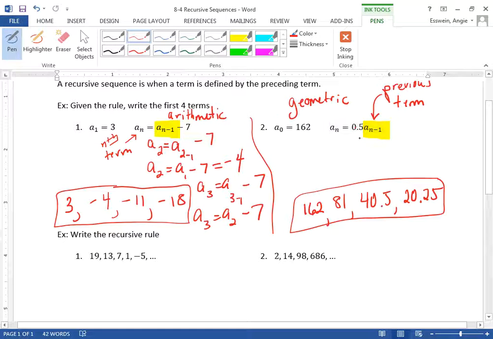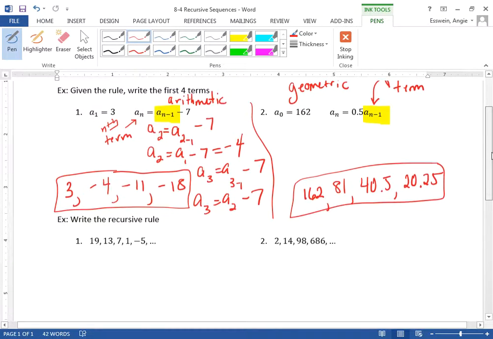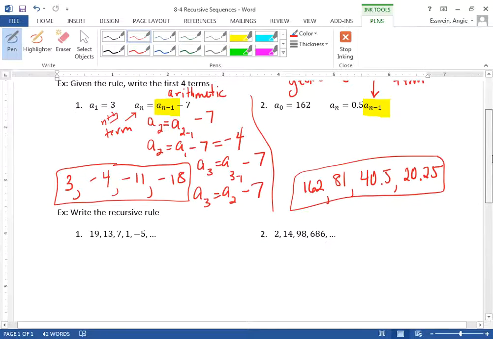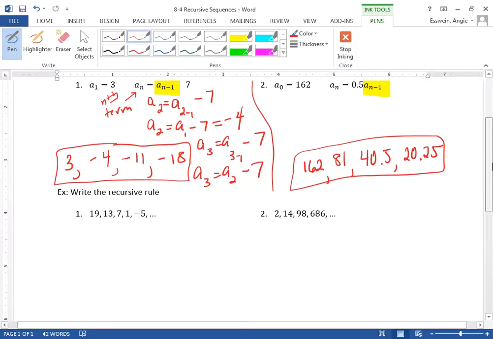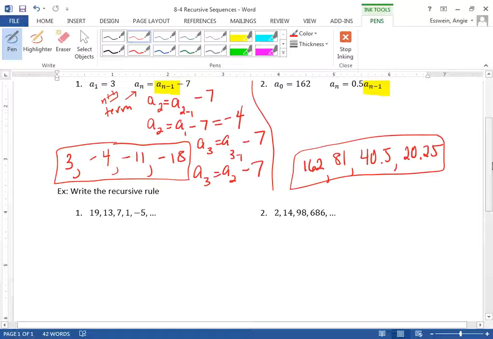Now we have to come up with this formula. And the most important part is don't forget to define the first term as a part of your formula. Otherwise, it breaks. It doesn't work. So the first thing we have to do for our answer is do a sub 1 equals, and we could use a sub 0, but we'll just use a sub 1 equals, what is the first term? 19.